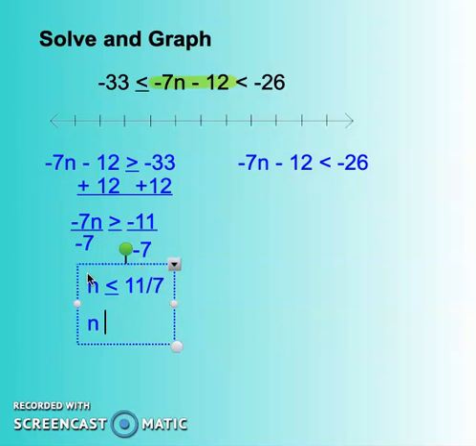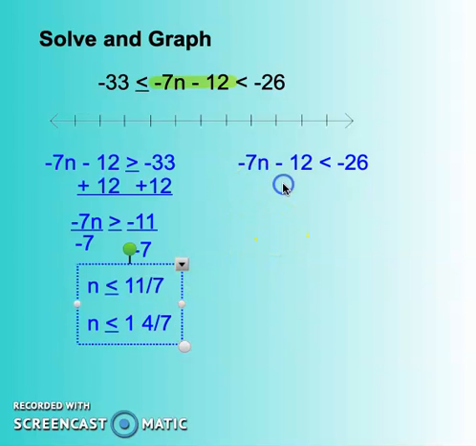Or we can say that this is also the same as 1 and 4/7. So it's between basically positive 1 and 2.